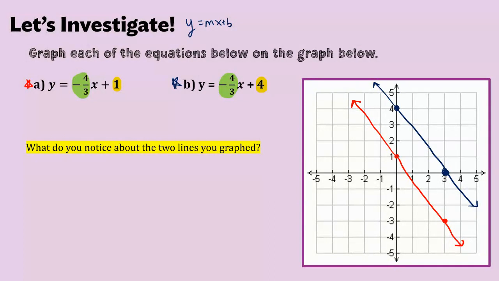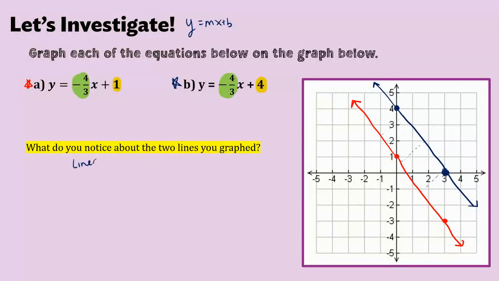It's not exact, my graph isn't great. Or even better, if I actually found this distance and this distance, what's happening? These lines are always the same distance apart. They will never intersect. They are increasing or decreasing at the same rate, the same rate of change. Oh, maybe you know where I'm going with this.